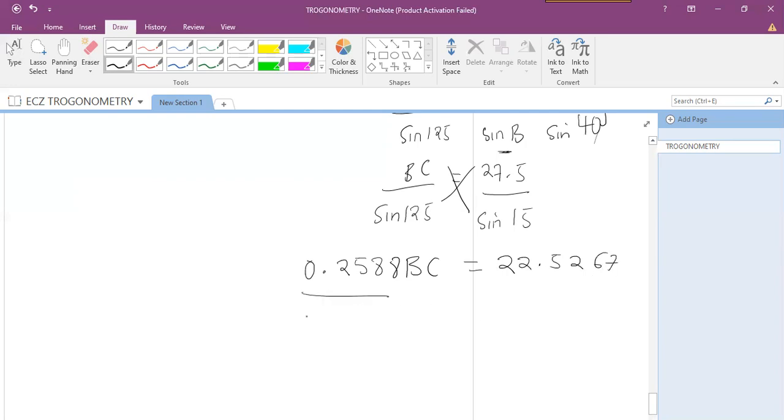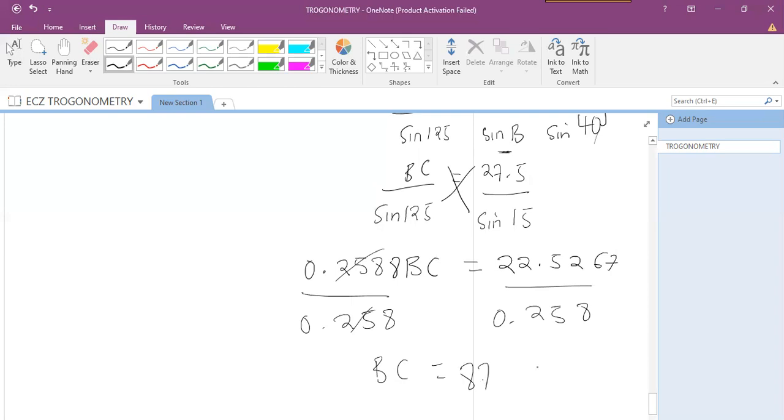Then you divide both sides by 0.258. That cancels. BC will be 22.5267 divided by 0.258. We're getting 87.